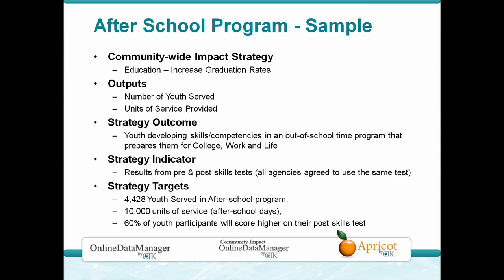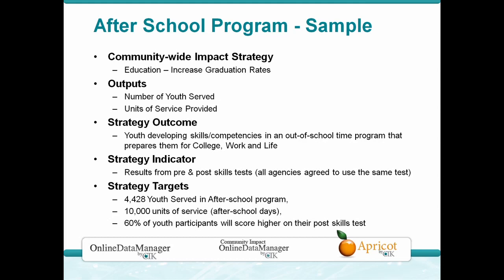So the sample is an after-school program, and the community-wide impact strategy is education. We're trying to increase graduation rates, and that's why one of our strategies is an after-school program. So the outputs would be the number of youth served and the units of service provided, the after-school days that are provided by the providers, and the strategy outcome is youth developing skills, competencies in an out-of-school time program that prepare them for college, work, and life.